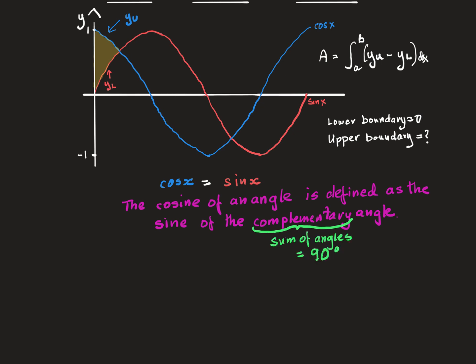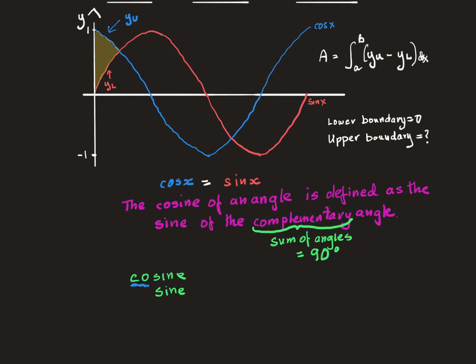So I want you to look at the two words, cosine and sine. Can you see that this cosine has got a co in front of it, the sine? That means the complementary of sine.